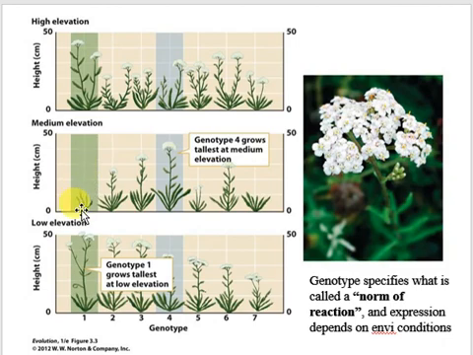But at your medium elevations, there's small plant growth. So they're not tall, they're short. That's what is meant by a norm of reaction. It's the same genotype, but the actual phenotype that is expressed differs based on the actual environmental condition or location.